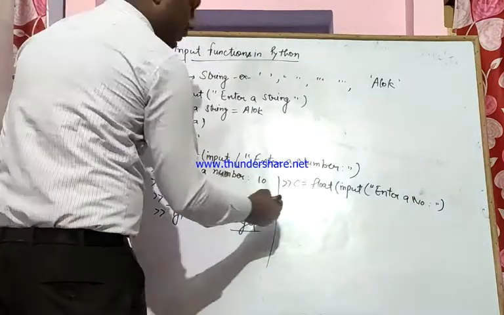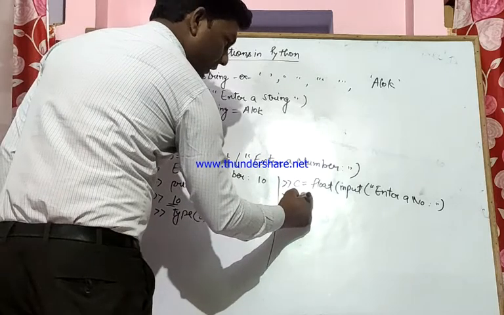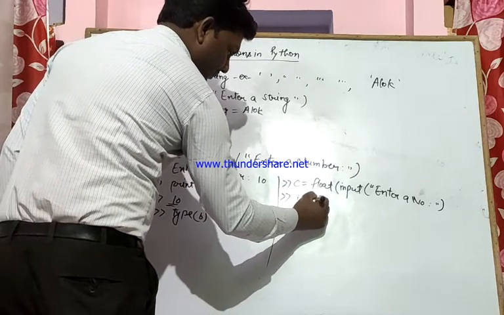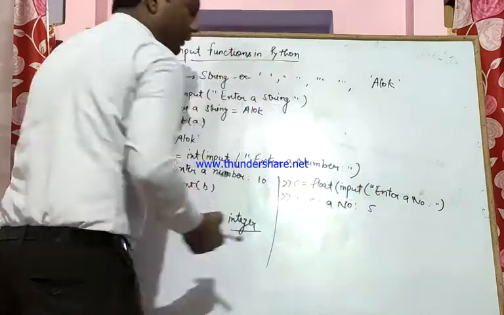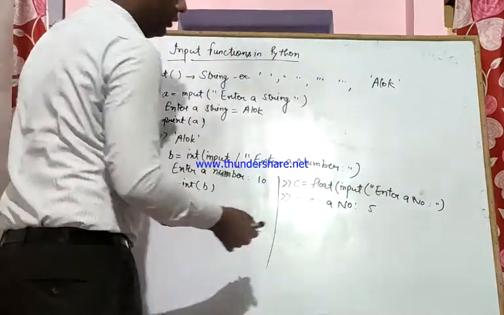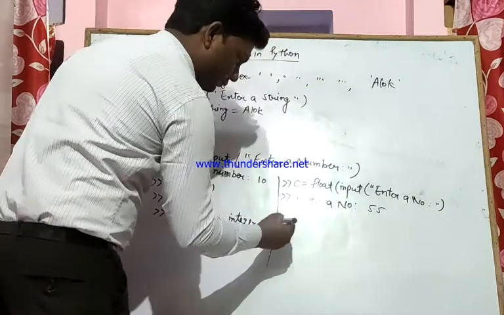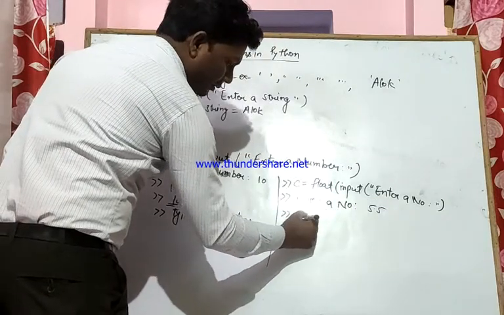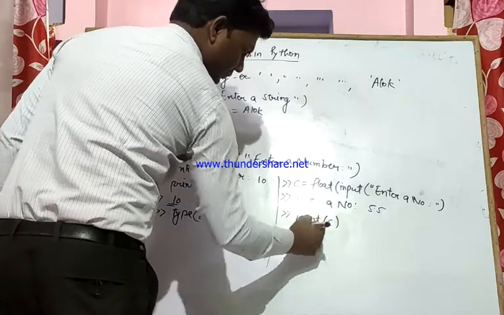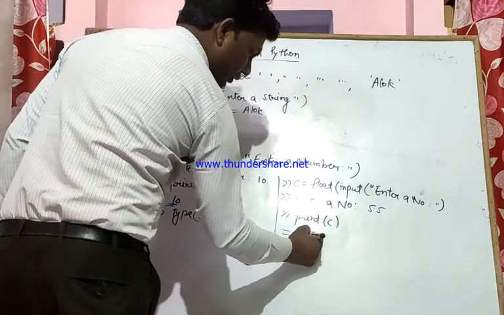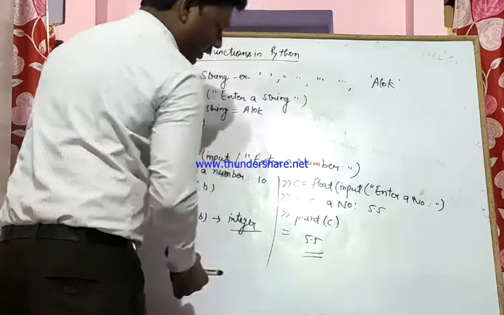When you execute this, you will get one message, enter a number. Enter 5, or you can use any decimal value, 5.5. When you print c, you will get 5.5 as the output.